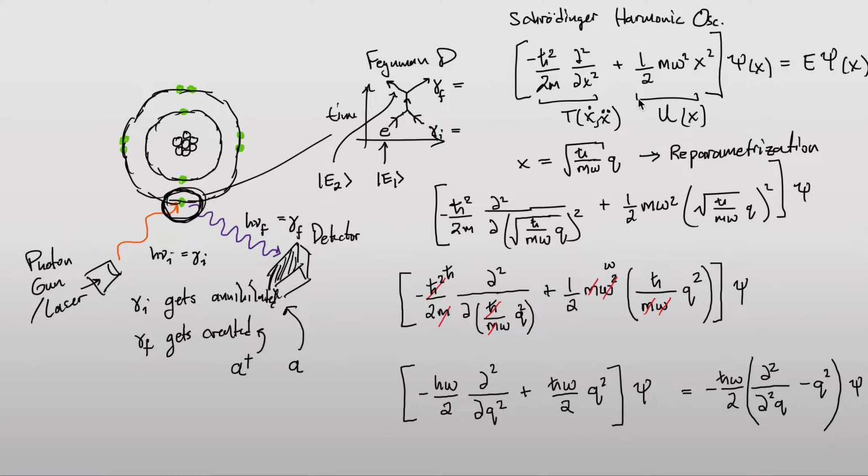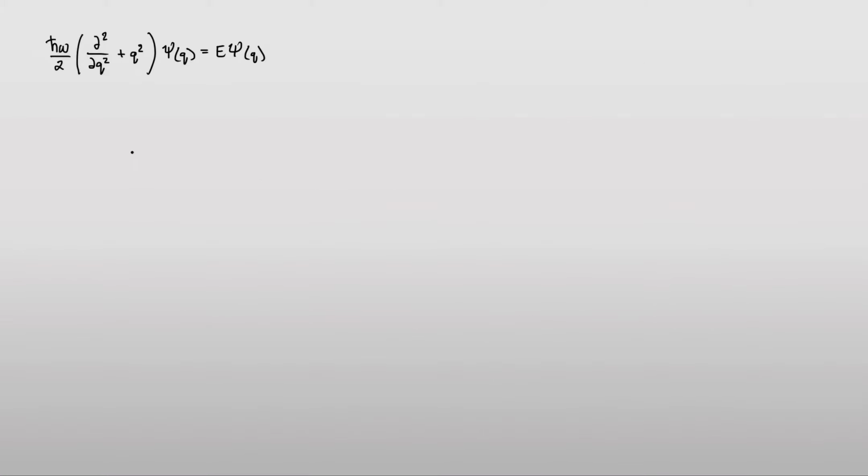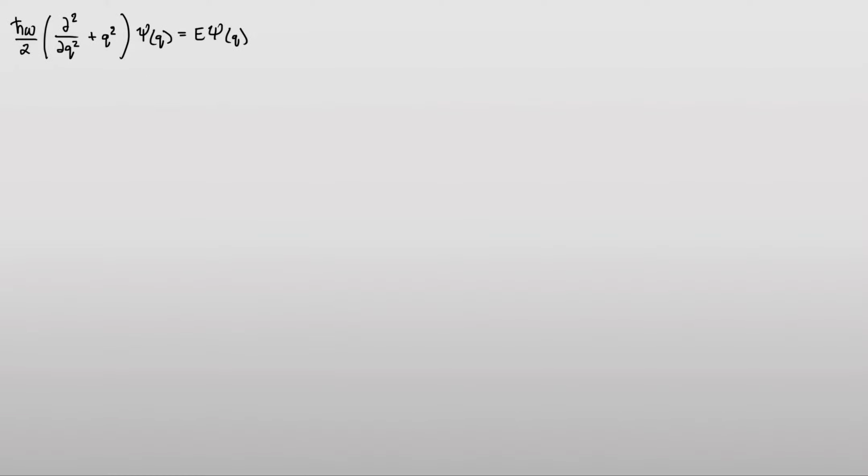And so by placing this form of the potential into our Schrodinger equation, we arrive at this right here. Okay, so I've rewritten that on a different slide here because we're going to go deeper into this.